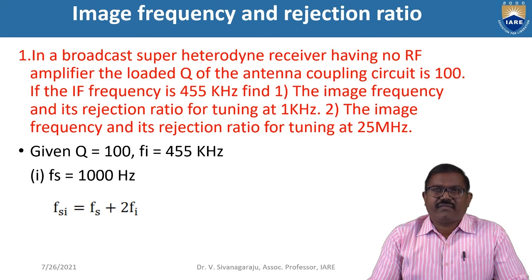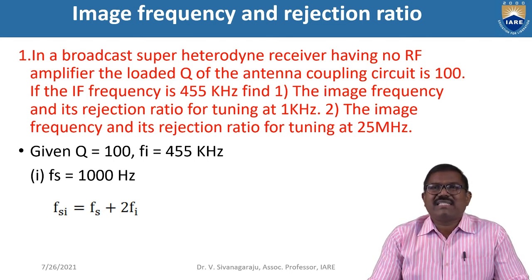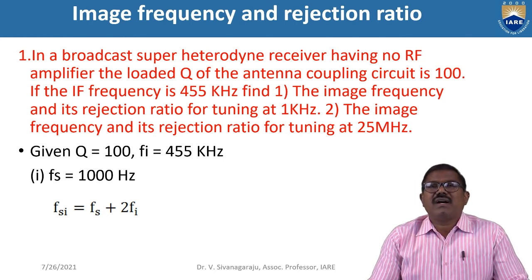If the IF frequency is 455 kHz, find the image frequency and rejection ratio for tuning at 1 kHz. And the second one is the image frequency and rejection ratio for tuning at 25 megahertz.